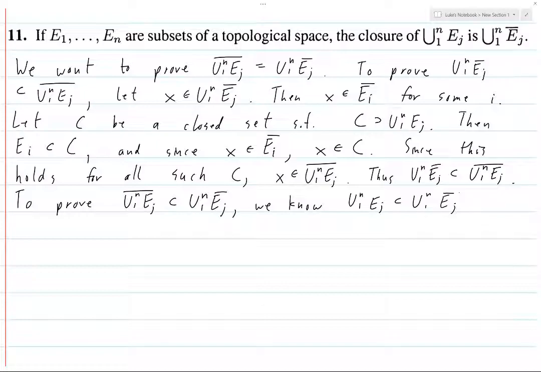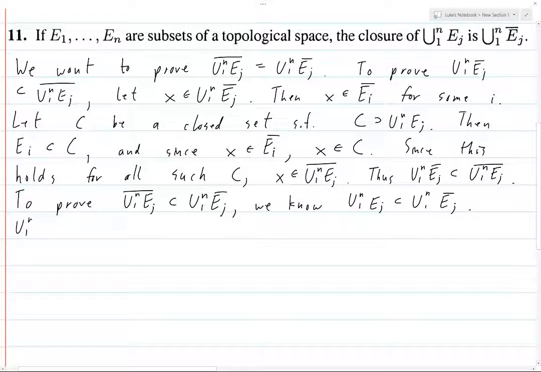So each E_i is contained in E_i closure, and this inclusion still holds true when we take a finite union. Well, when you take an arbitrary union. But in particular, this is true.